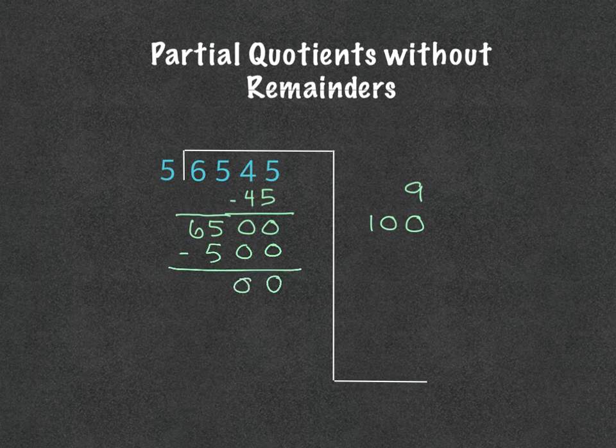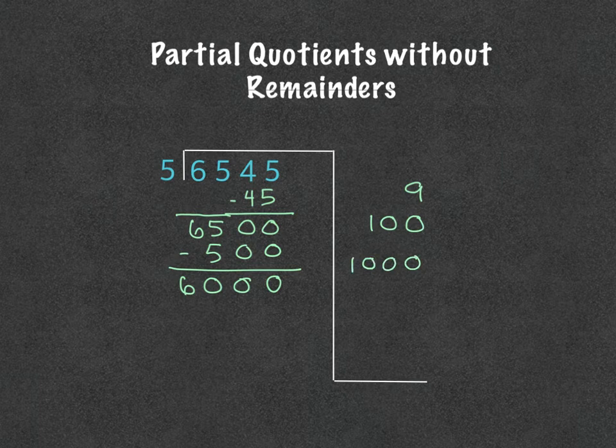And now I can subtract this, and I get 6,000. Okay, so now I know that 5 goes into 6,000 how many times? 1,000 times.